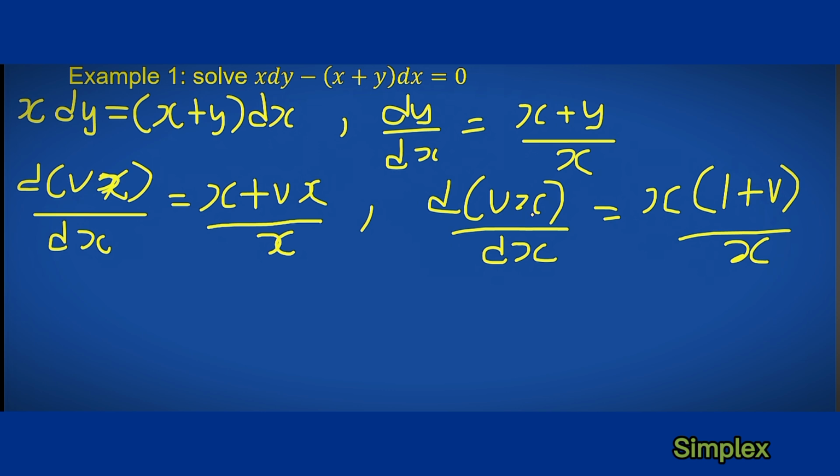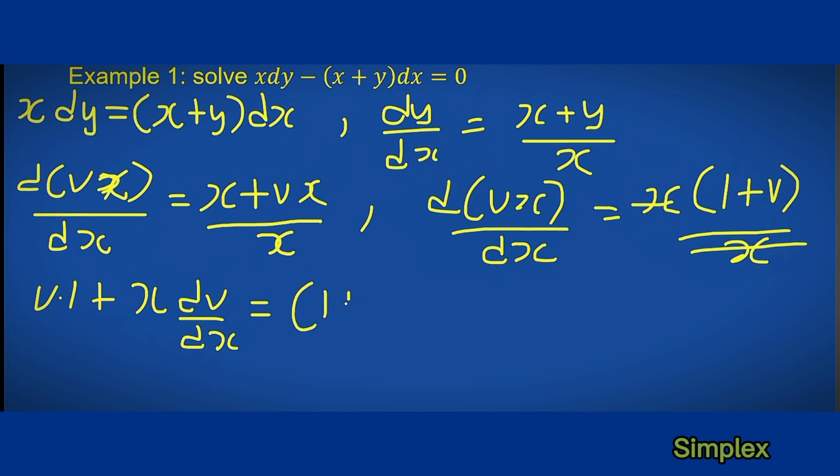So we're going to differentiate it using the product rule, and in doing so we have v times 1 plus x dv/dx. If you're confused about this, you can revise your product rule and refresh your memory on that. So it's equal to, here this cancels this, so we're left with 1 plus v.